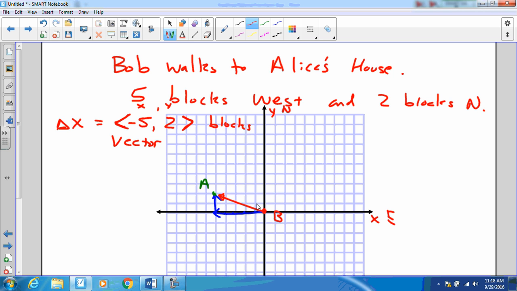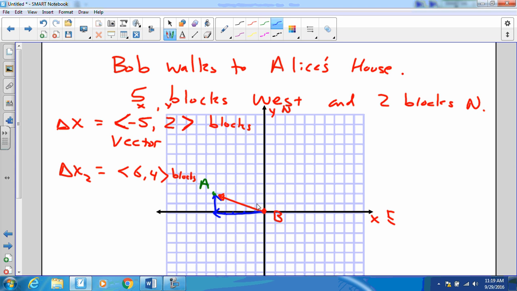So if Bob now walks to Charlie's house with a second displacement, let's make up some numbers. How about 6, 4, blocks? Then this displacement means starting at his current location at Alice's house, he is now going to walk 6 blocks in which direction? East. And 4 blocks in which direction?